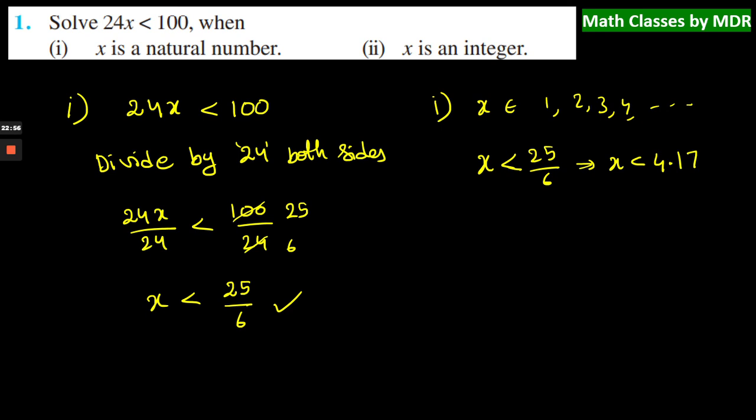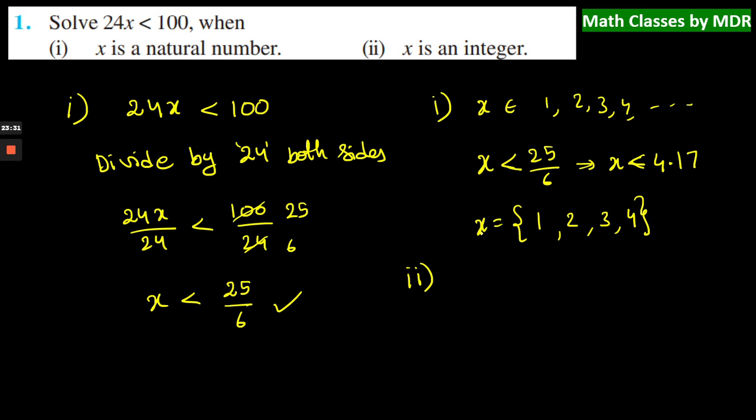So which natural numbers are less than 4.17? The highest natural number is 4. 5 cannot be less than 4.17, so we start with 4 and then 3, 2, 1, and then 0. Can we go to 0? No, because it is a natural number, so x cannot be 0. So 1, 2, 3, 4 are the required answers.